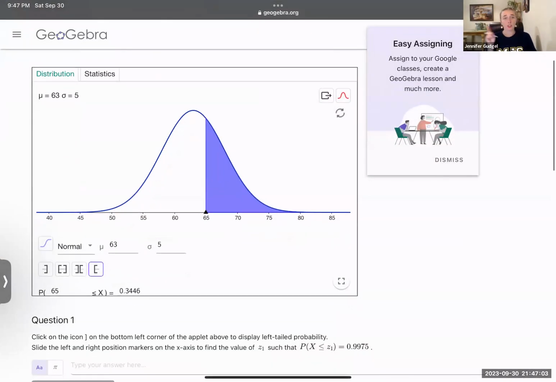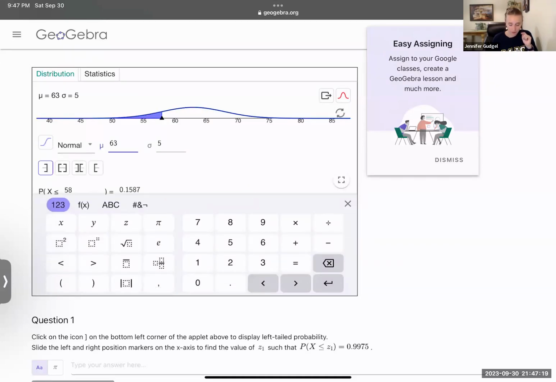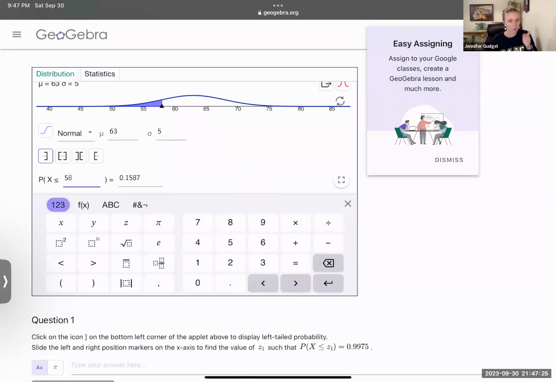I don't want it to be shaded on the right anymore. Now I want it to be shaded on the left. So again, I'm right below the word normal here. That's where I'm clicking to see the different types of how it's being shaded. So I want it to be shaded on the left. We still have a mean of 63. We still have a standard deviation of 5. I want it shaded on the left, and I want to compare the value not to 58.